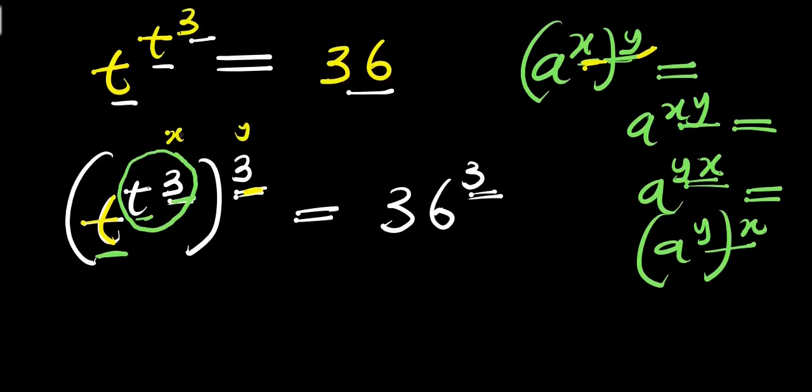So we can switch this based on this particular last identity that you have here. Based on this one here, the y comes in and the x is outside.